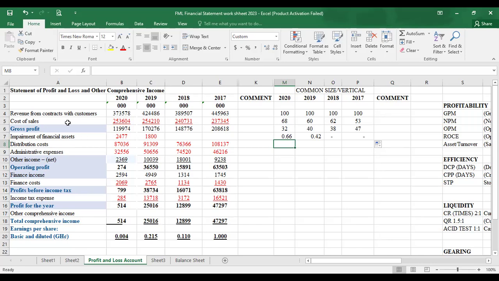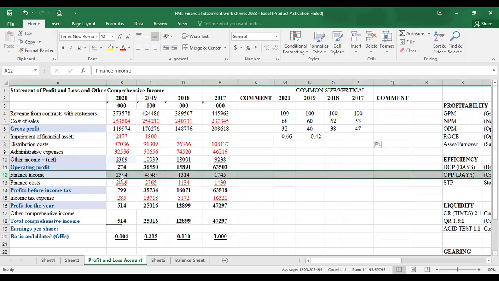All the items here, most of them are usually a representation of expenses rather than income, with the exception of the finance income, which is additional income. Items like impairment, distribution costs, administrative expenses, cost of sales are all taken out of the business. Finance costs are expenses that take money out of the business.